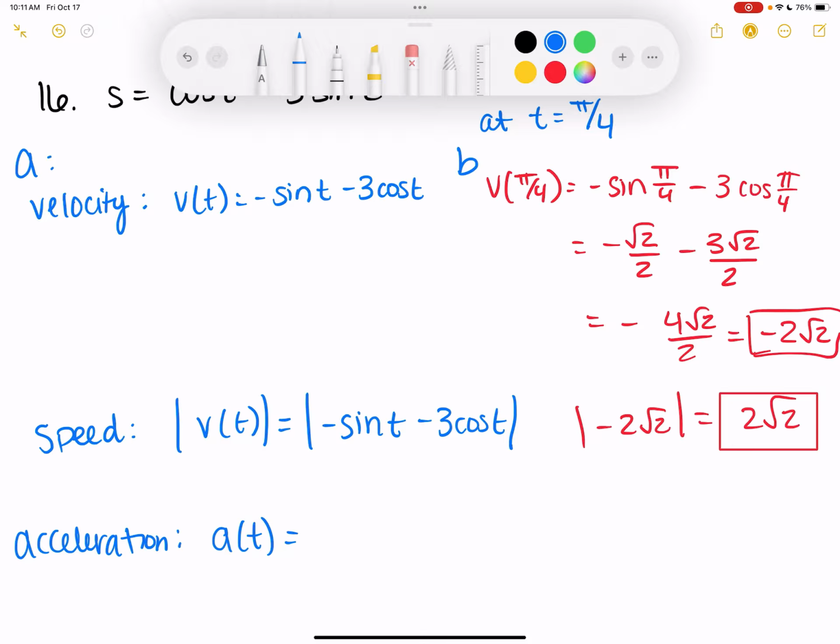When you change an absolute value, wait, so we're just going back to the velocity function. The speed is purely just to give us a number value usually.